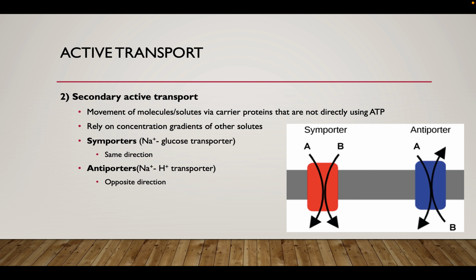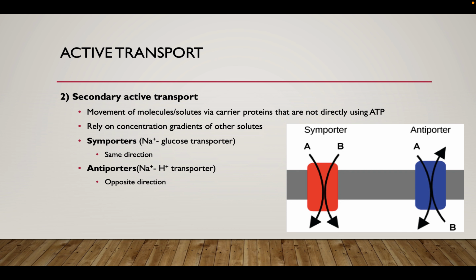Now, secondary active transport, it's requiring energy, but not directly using ATP. What it does is it uses the energy stored in another solute's or another molecule's concentration gradient.